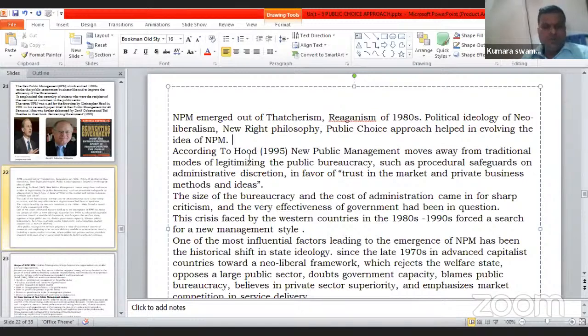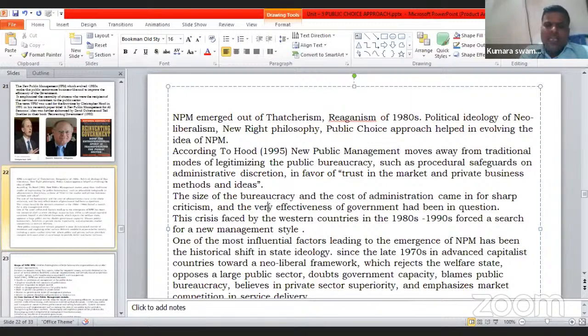According to Hood, new public management moves away from the traditional type of administration and public bureaucracy, such as procedural safeguards and administrative restrictions. So the size of bureaucracy and cost of administration came in for sharp criticism by these new public management thinkers.